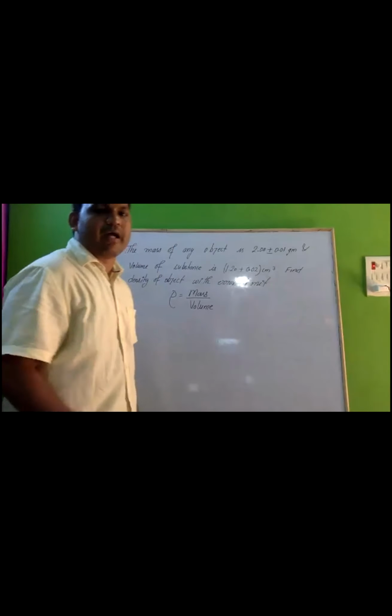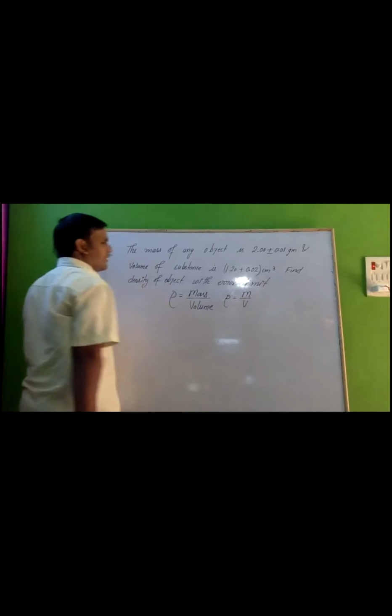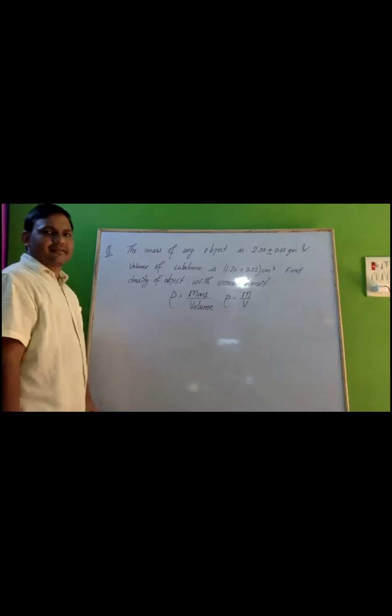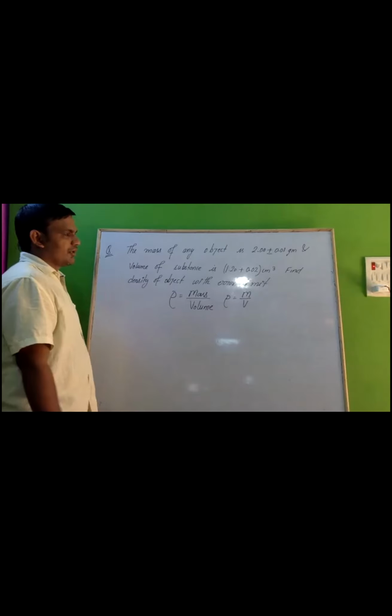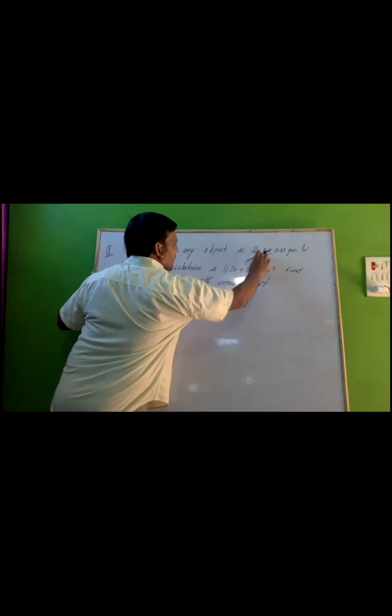In short we can write rho is equal to m by v. Isn't it? Are you getting it or not? One correction here, make it 2.4.